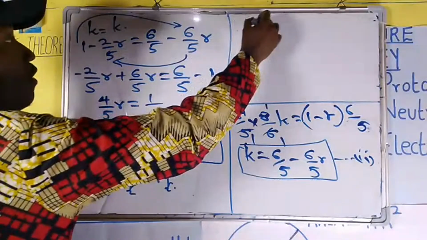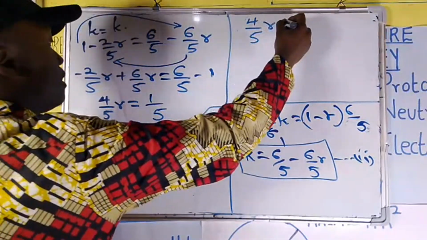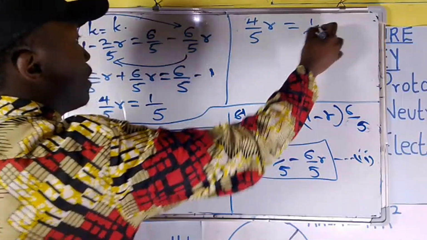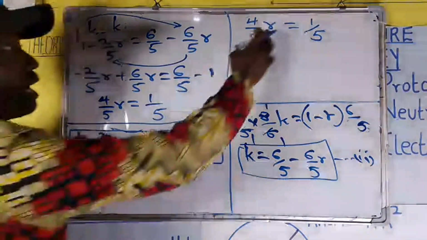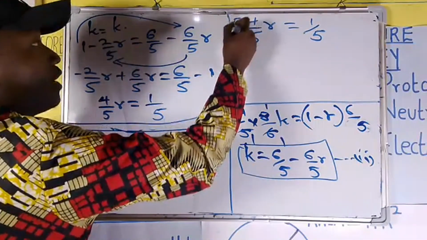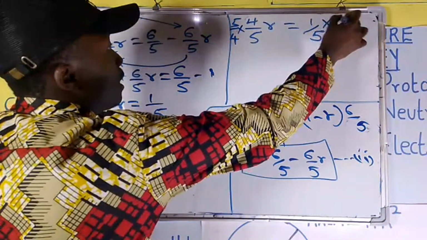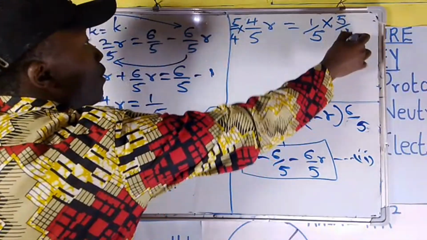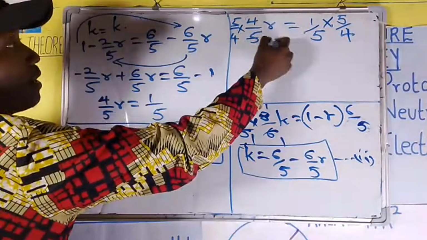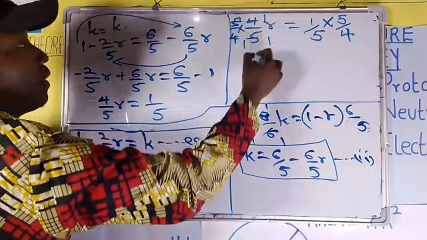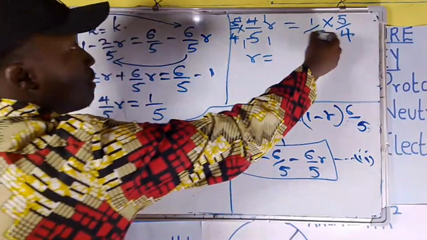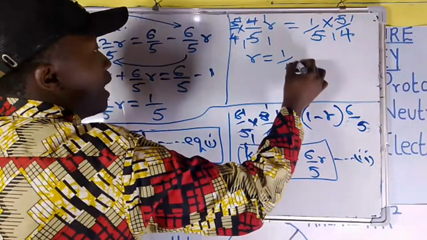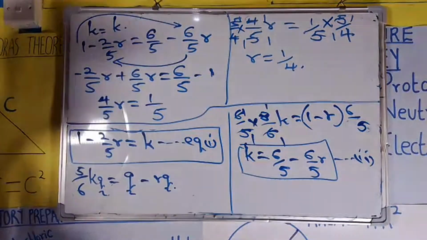We now have 4/5 r is equal to 1/5. For us to be left with r, we will multiply by 5/4, and we will multiply here by 5/4. Once we multiply, the 5s and the 4s cancel, and our r will be equivalent to a quarter.